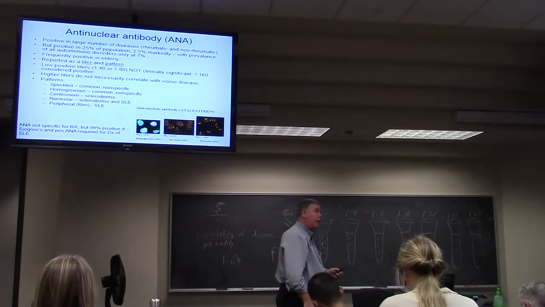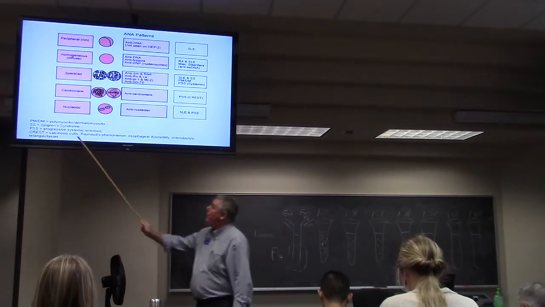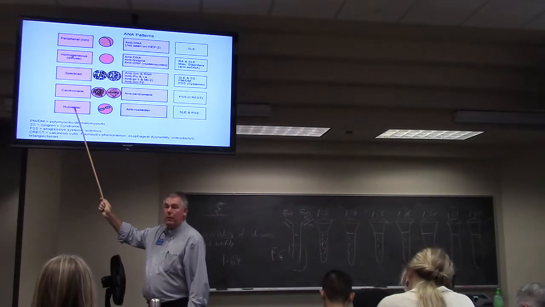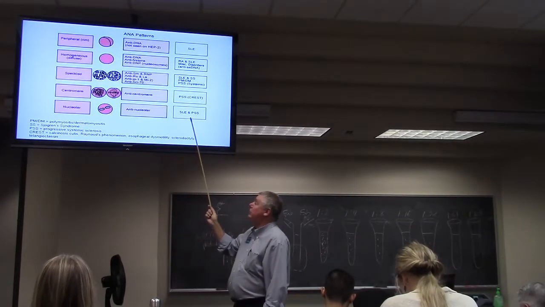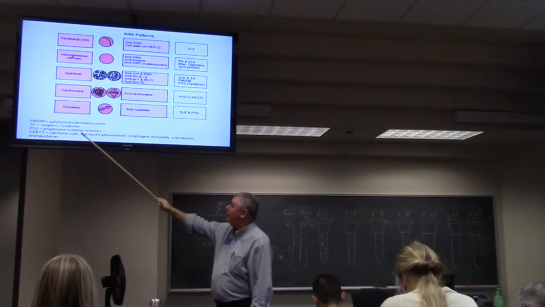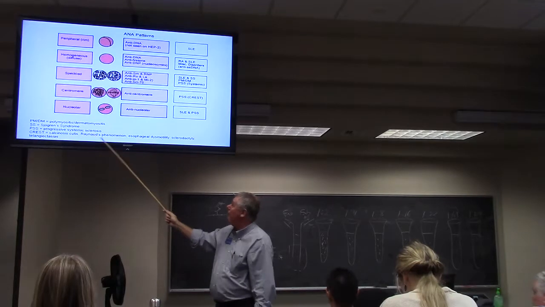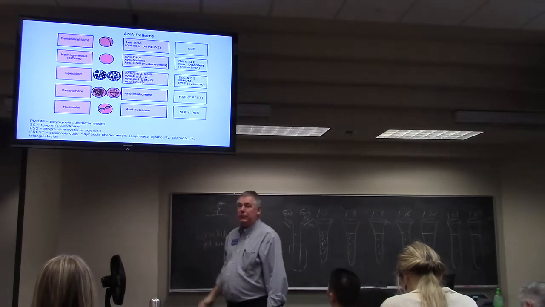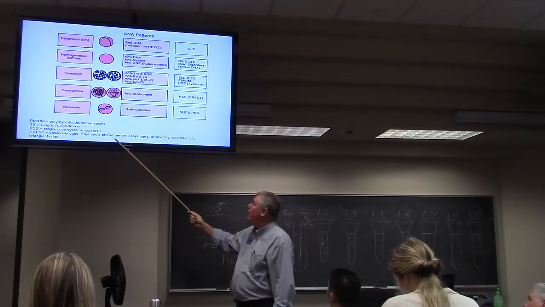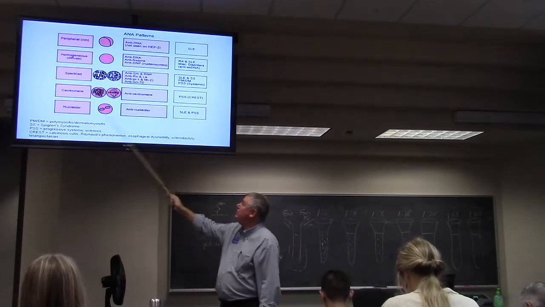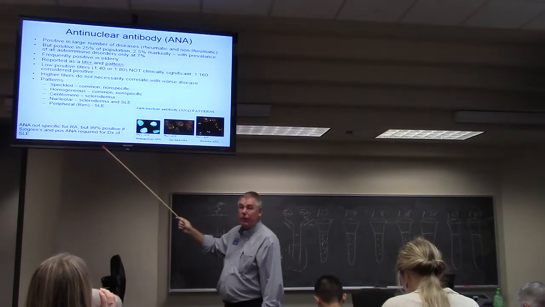Okay. This slide tells you the nuclear pattern of an ANA and the diseases it's associated with, and I've defined these diseases over here. We're going to talk about CREST and scleroderma later on. We're going to talk about all of those later on. But these are the relationships. Some are stronger than others, as I illustrated over here.